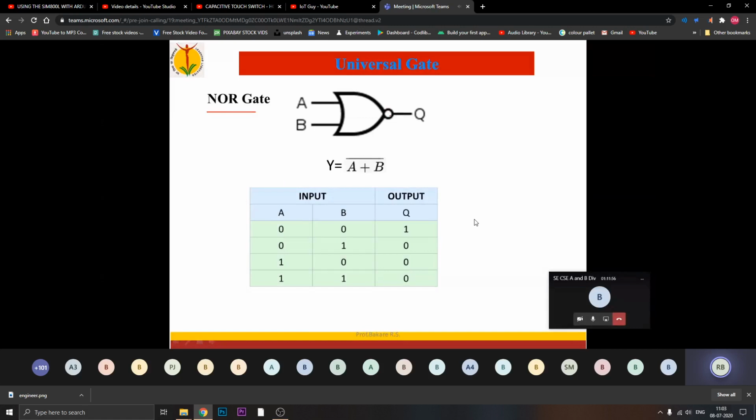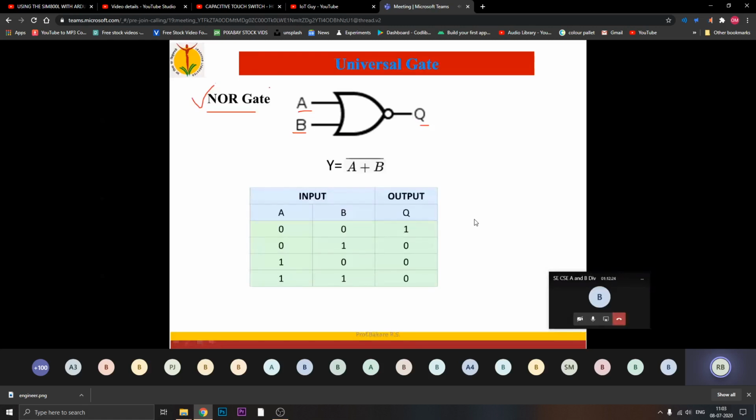If you forgot, this circle or bubble, the symbol is very similar to the OR gate, which has two inputs A and B and only one output Q. Once I connect the inverter at the output of the OR gate, it forms the NOR gate.